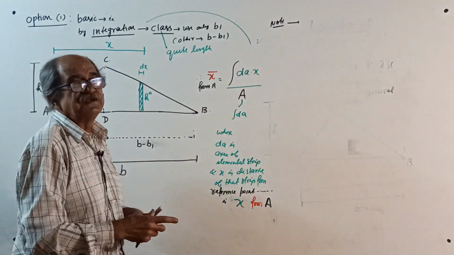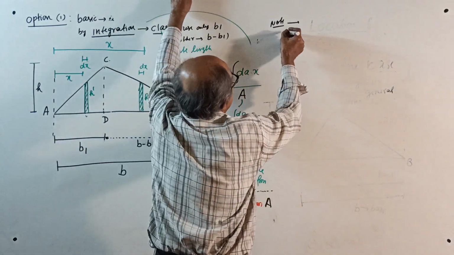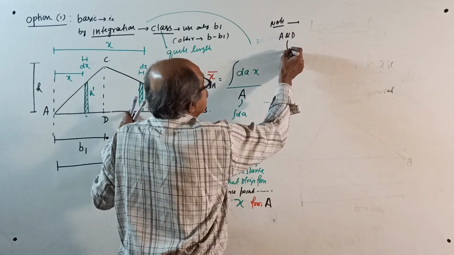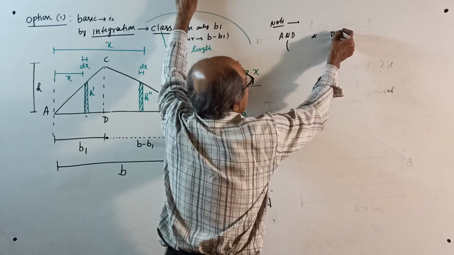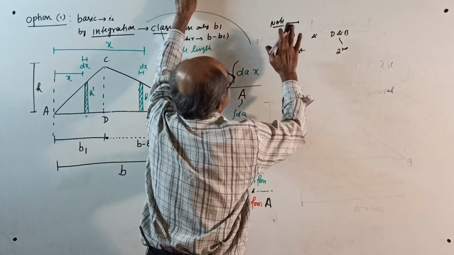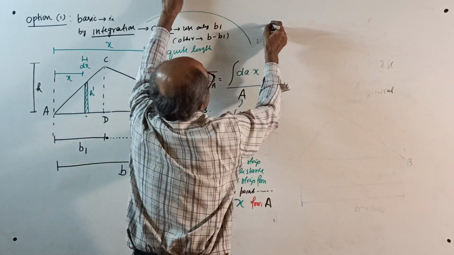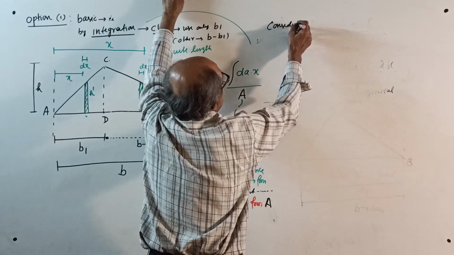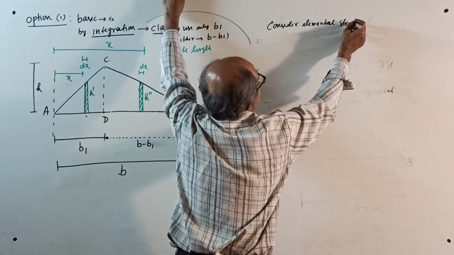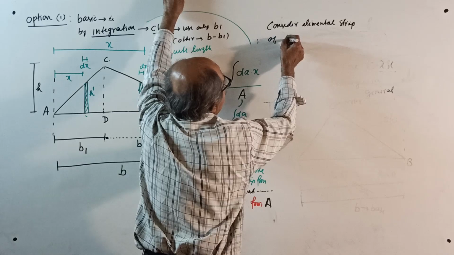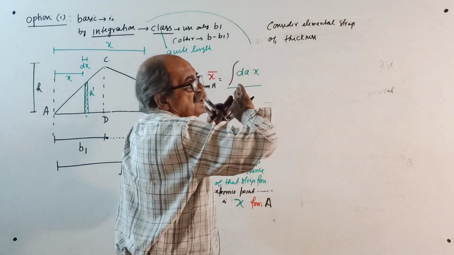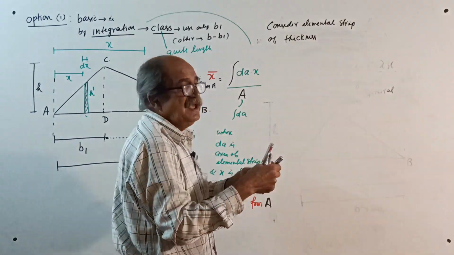Make a note, two sections are required. Therefore, between A and D, one strip, and again between D and B, first strip and second strip. You write that much. Now write: consider an elemental strip of thickness, very important. When you want x bar, thickness should be dx. I told you 1000 times.